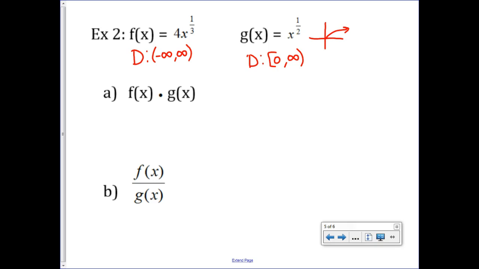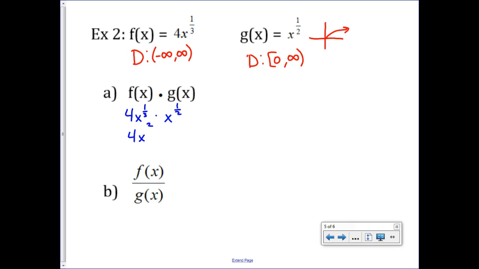Okay, so f of x times g of x, then we have 4x to the 1/3 times x to the 1/2. Now remember, when we're multiplying, we add our exponents. So I'm going to change this over to a denominator of 6.